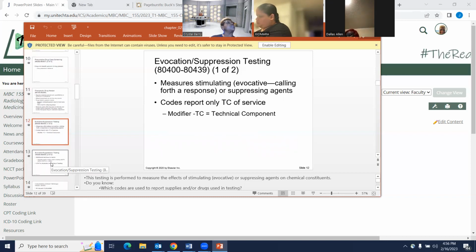The question is, in what section would you find codes used to report venipunctures and arterial punctures?